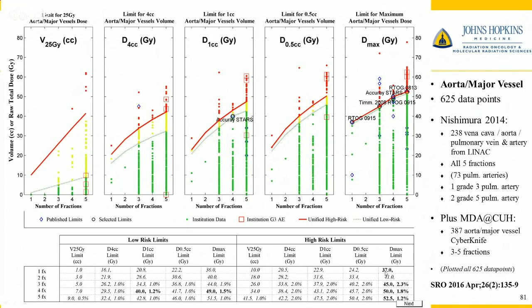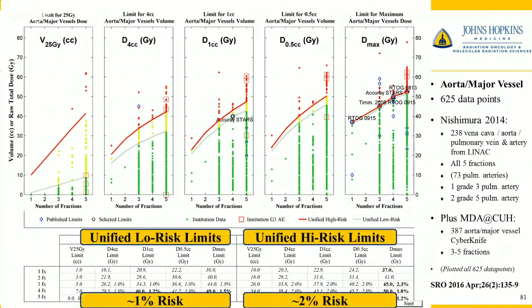And in fact, the Nishimura paper points out that all the complications they had were in the pulmonary artery, which they say might be more radiosensitive than the other. So keep that in mind. Different blood vessels may have different tolerance. So there's no limit to anyone who's analyzing outcomes. They'll never be out of a job because you have all great questions here, and we'll keep studying it.